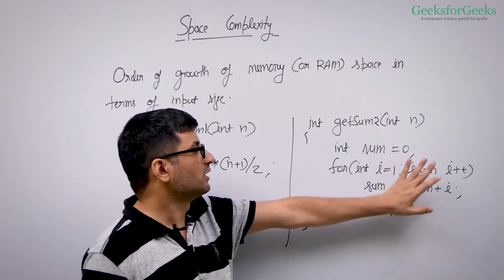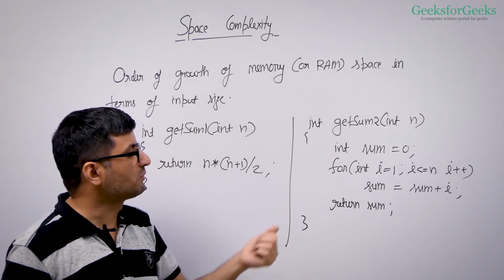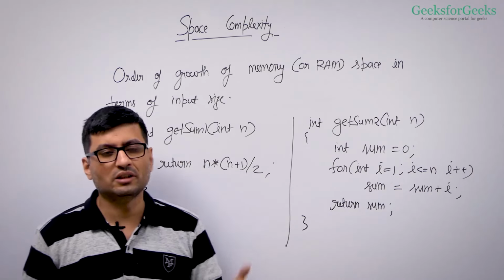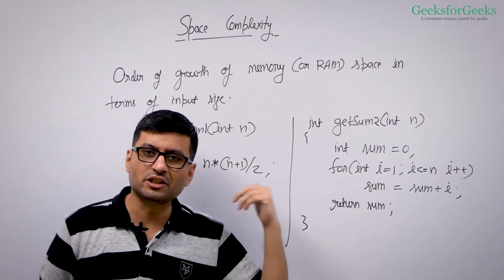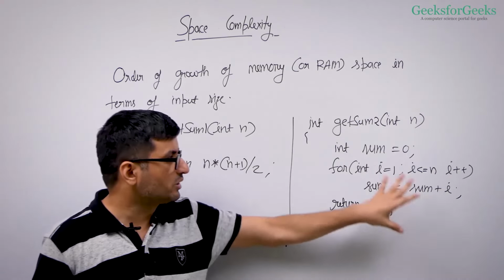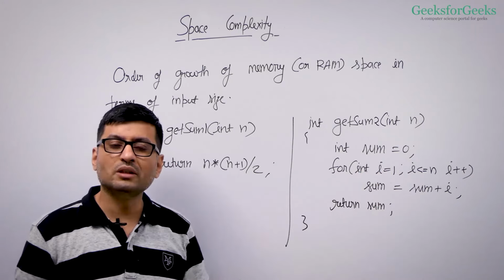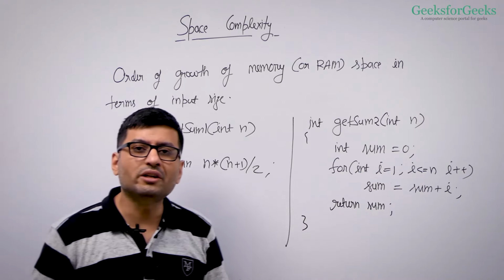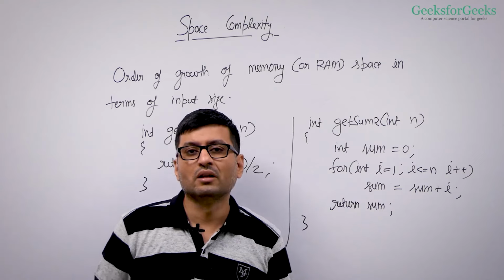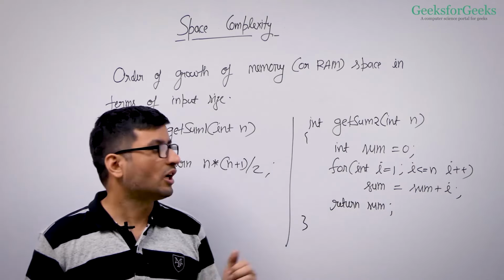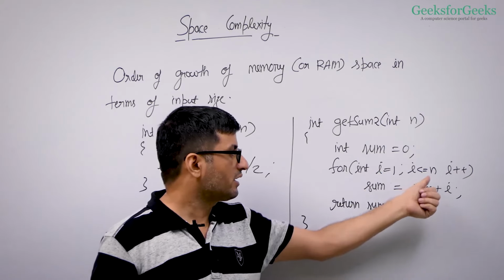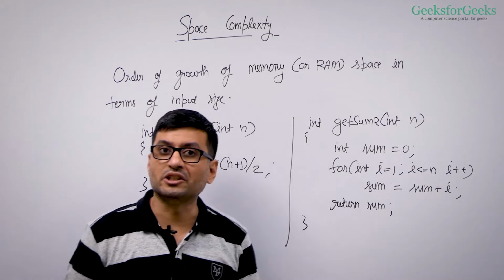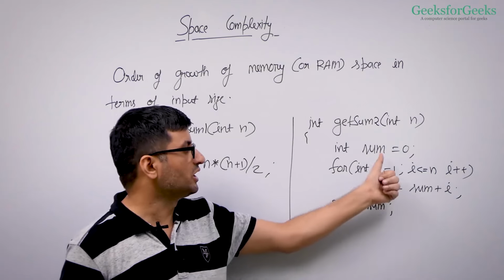Let's see this program. It's another way to find the sum of the first 10 natural numbers. One way is the direct formula, and another is to add the numbers one by one. Can you guess the space complexity of this program? How many variables do we need in terms of input n? Say if n is 1000, how many variables do you need? Sum, i, and n, so 3 variables. And if n is 10,000, you still need 3 variables.